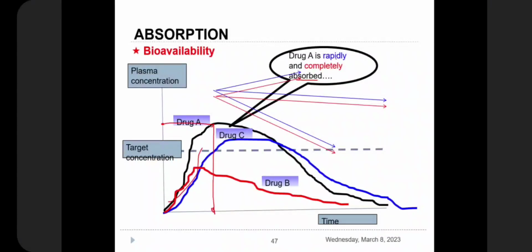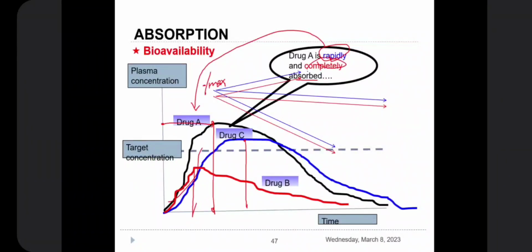Rapidly, because we can compare Tmax. Its Tmax here is between C and B. So I think it's rapid, slower than B, but quicker than C.